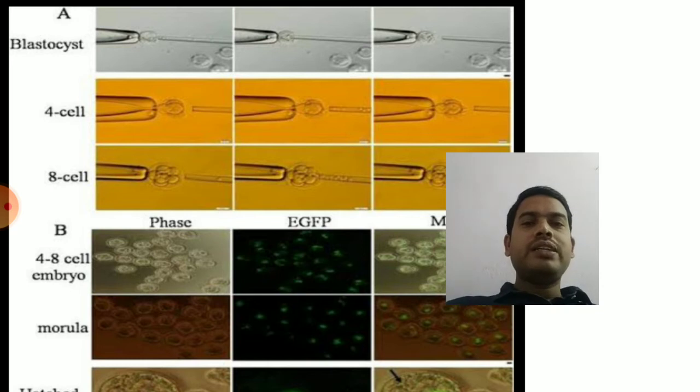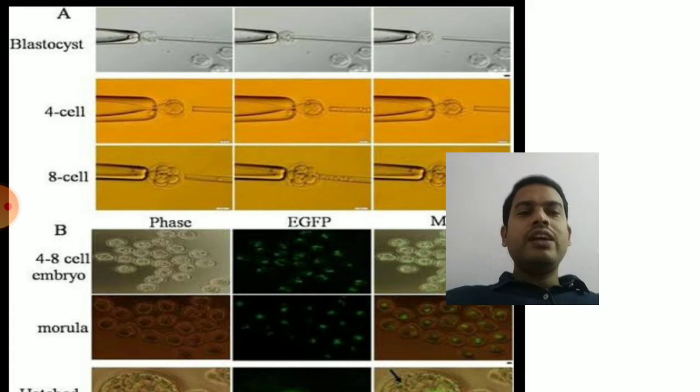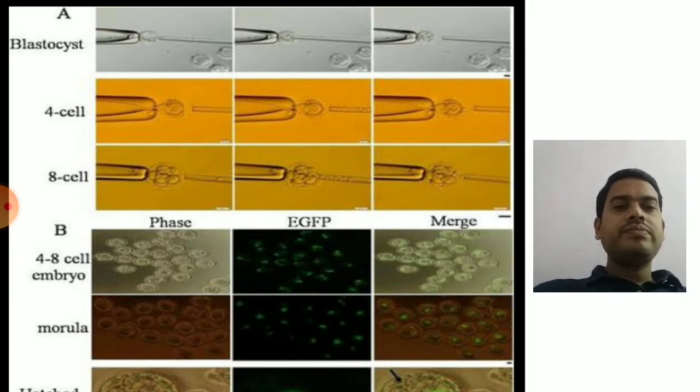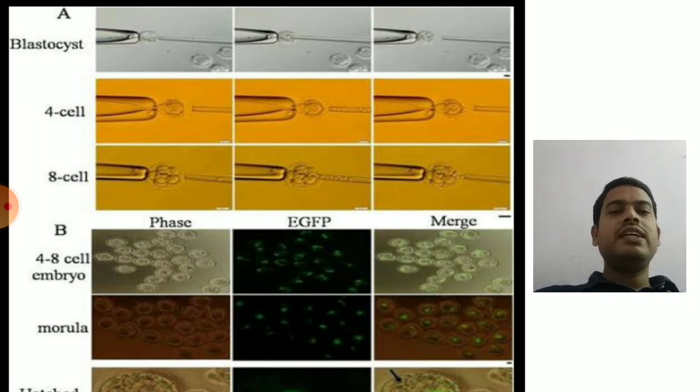You can see the pipette suction holding the blastocyst, and with the help of a fine syringe needle, you can introduce your transgene into the blastocyst. There are different cellular stage blastocysts like 4 cell, 8 cell stage. You can introduce at single cell stage, 4 cell stage, and 8 cell stage also. So just holding the stage of the blastocyst with the suction of the pipette and use of microsyringe needle for the introduction of your transgene.